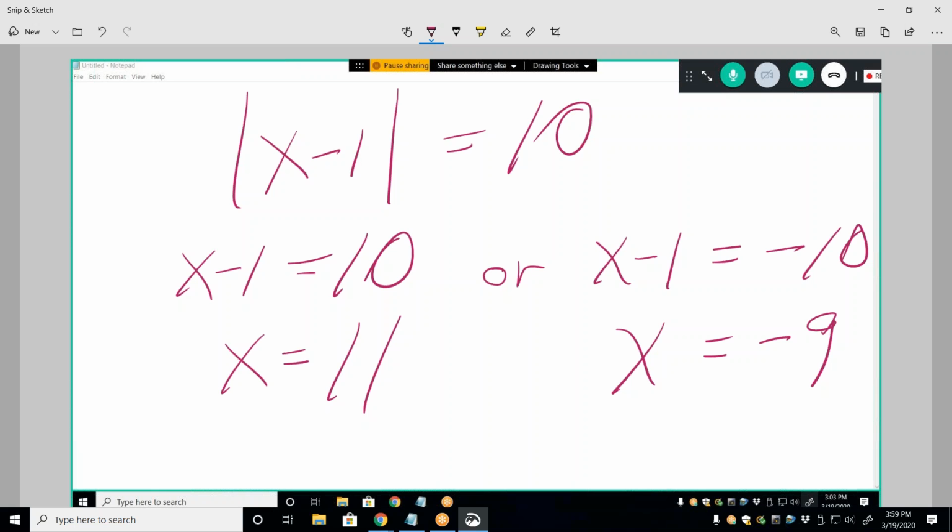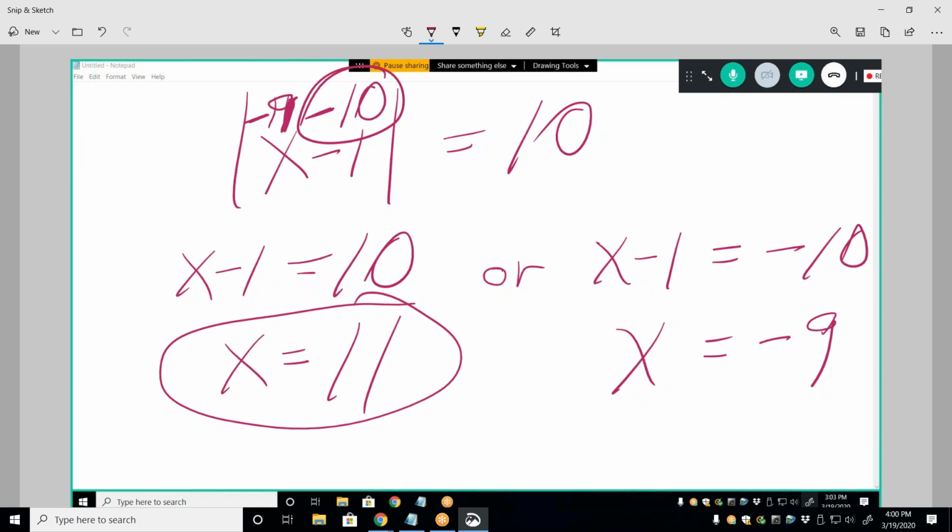If I plug in 11 for x, I get 11 minus 1, the absolute value of 10 is 10. And if I plug in minus 9, minus 9 minus 1 is minus 10, and the absolute value of minus 10 is also 10. So both of these are correct solutions, and you usually do have two solutions when you have absolute value.